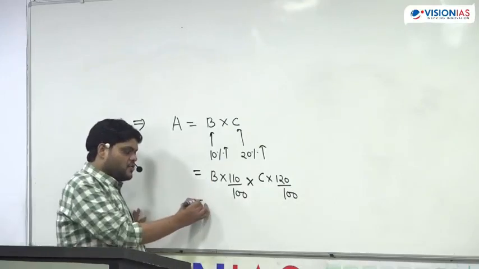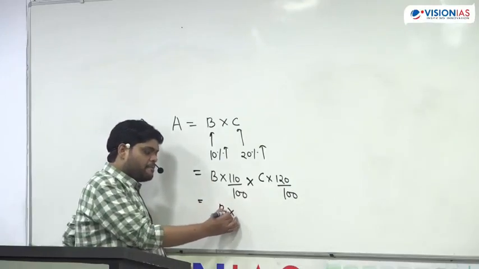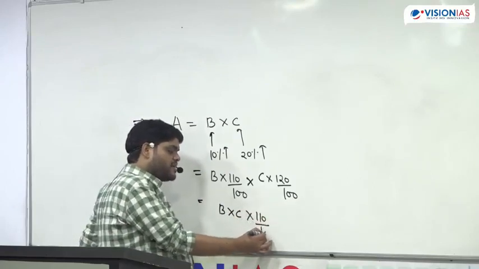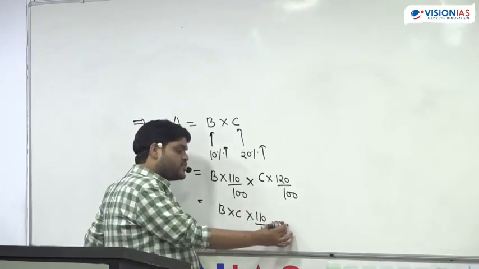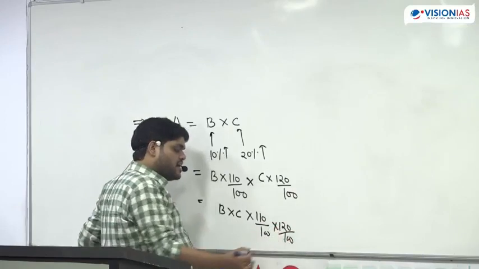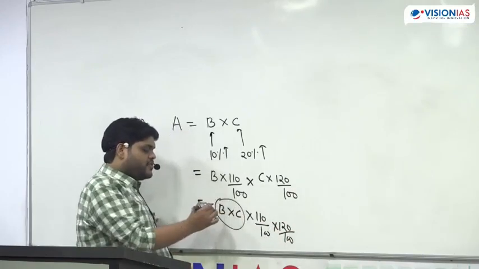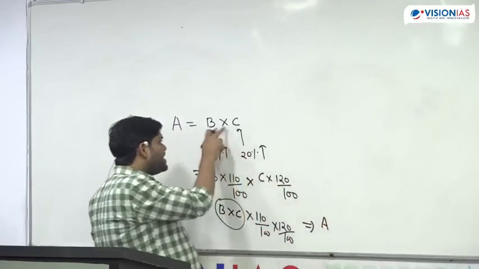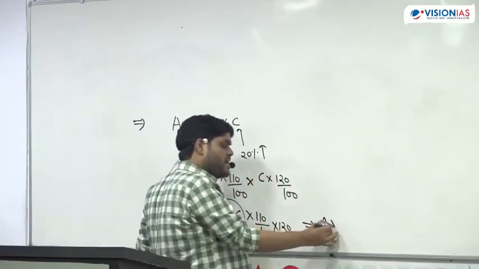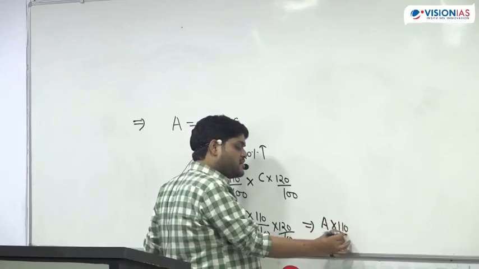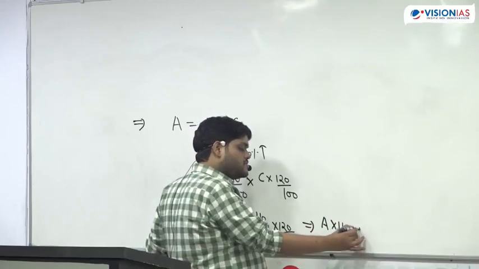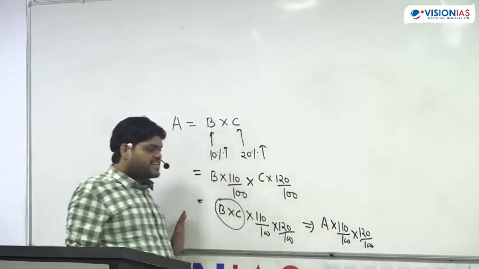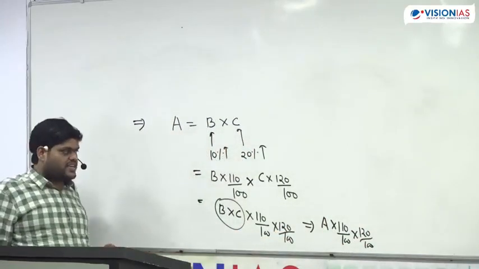Now from here we can say B into C into 110 upon 100 into 120 upon 100. What is the B and C value? B into C is equal to A. So we can write A into 110 upon 100 into 120 upon 100.